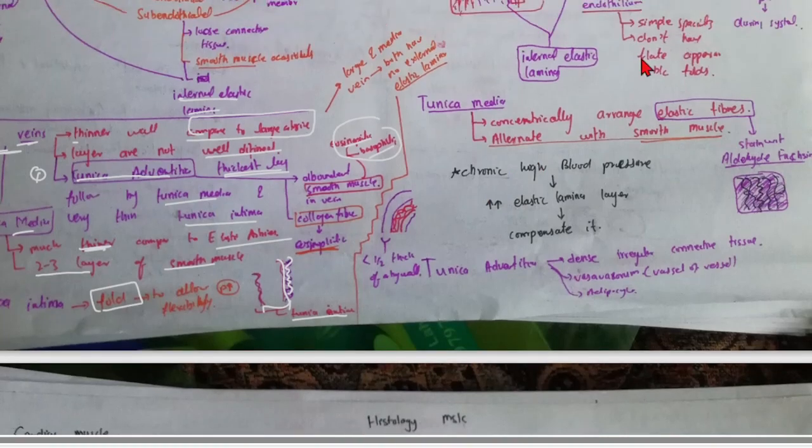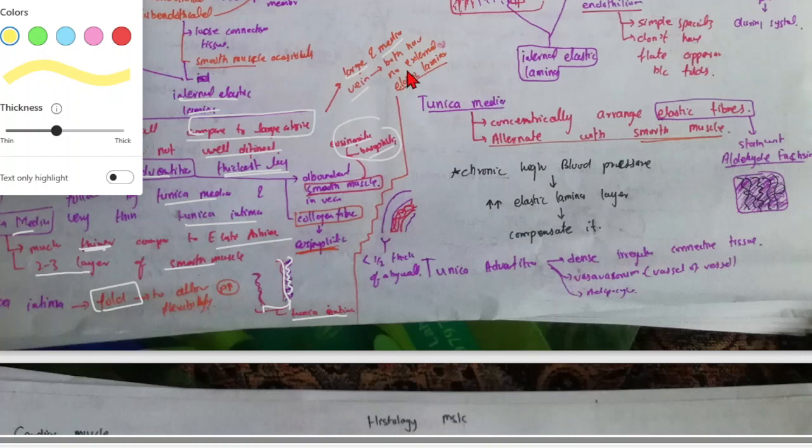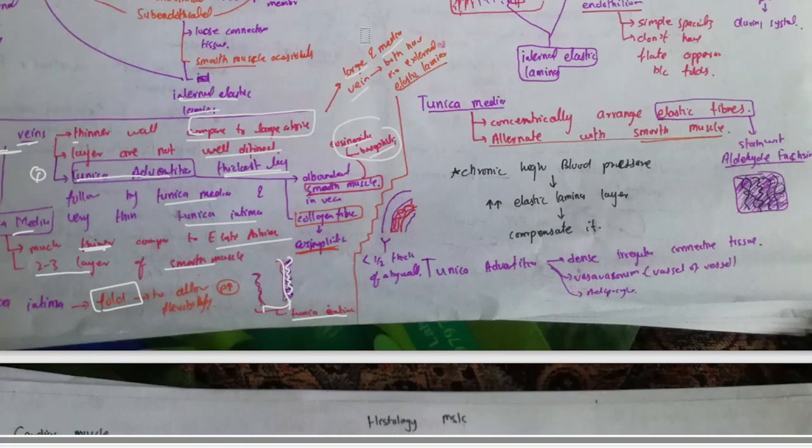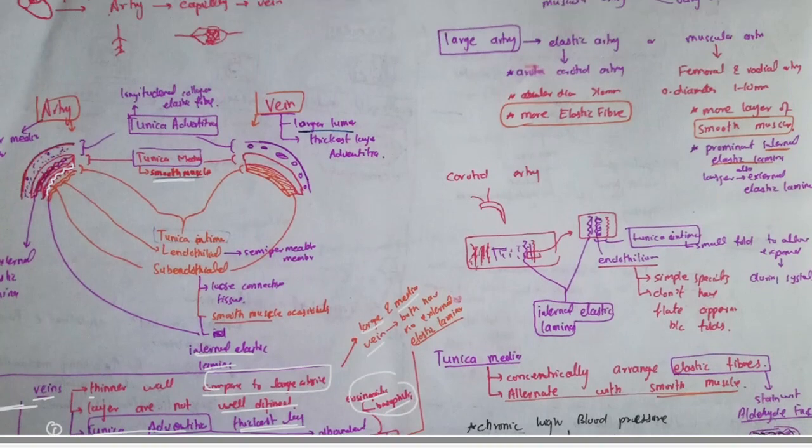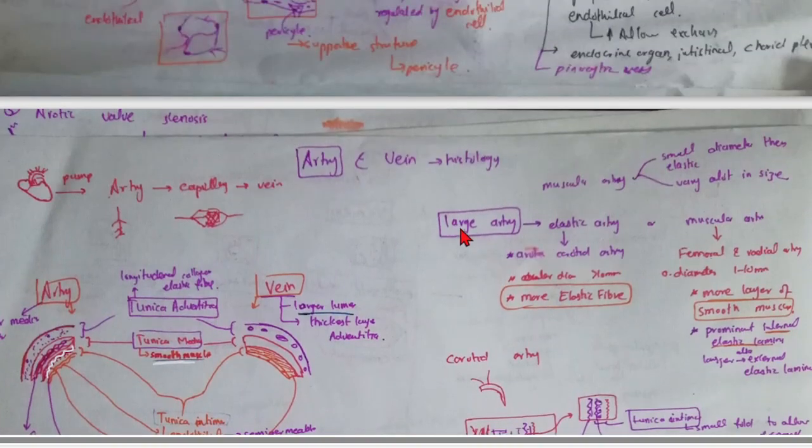Now we have discussed the venule. Large and medium veins both have no external elastic lamina. You have to remember this point: both the large and medium veins have no external elastic lamina.